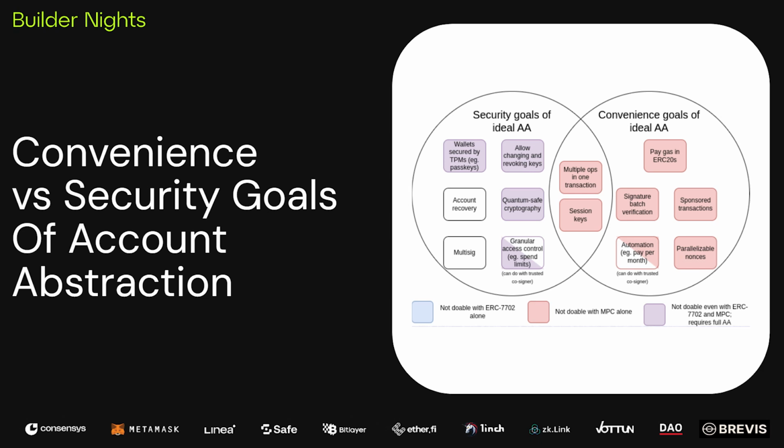So you have passkeys, and you have SecP256R1, which is the algorithm that gets supported by a lot of these, and EOAs use SecP256K1, which isn't. So security goals. Then you have convenience goals. Convenience goals are things like paying gas in ERC20s, sponsored transactions, automation, so like automatically making a payment every month.